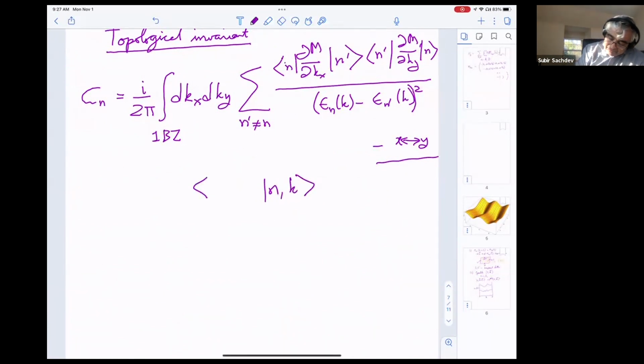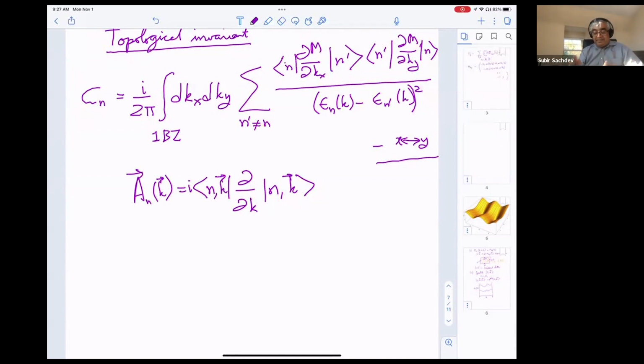and you can define a so-called Berry connection, which is A_n of K, which is the following object. So you just evaluate how the wave function changes as a function of K, and this is called the Berry connection.